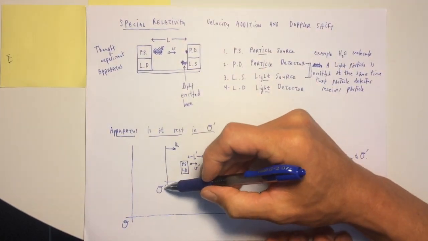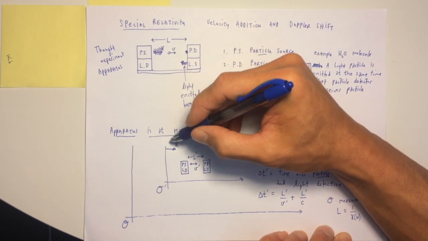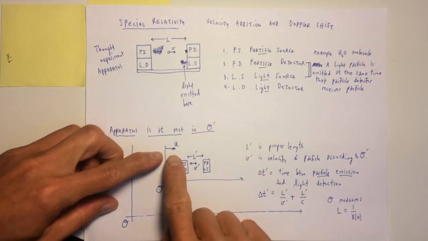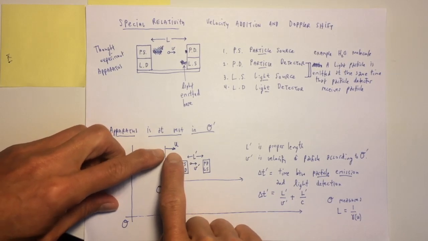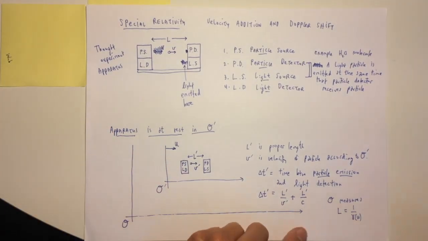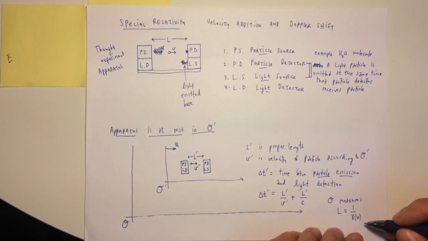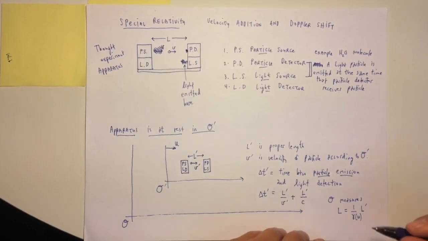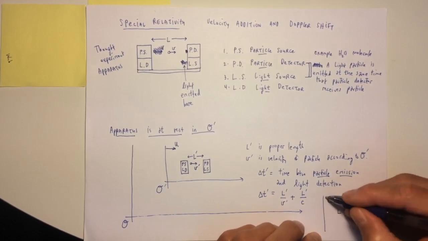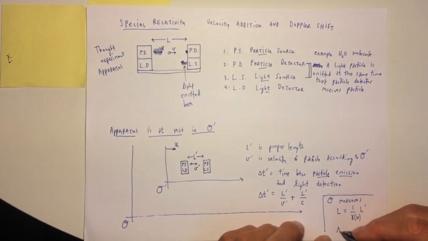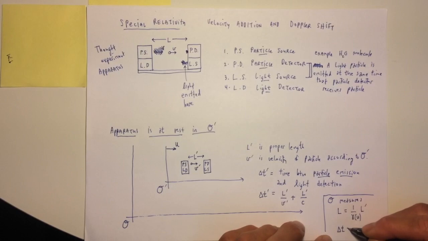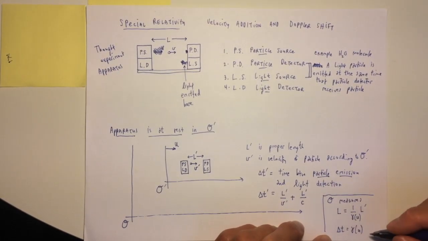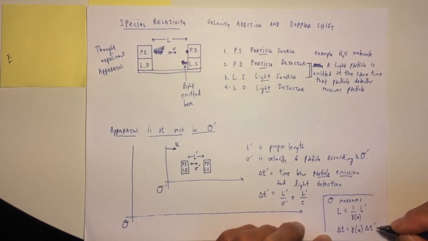So O prime moves towards the right, or in the positive x-axis, with speed u within O. So this is 1 over gamma of u, times L prime. And what O also measures is a delta t, which is gamma of u on top, times delta t prime.